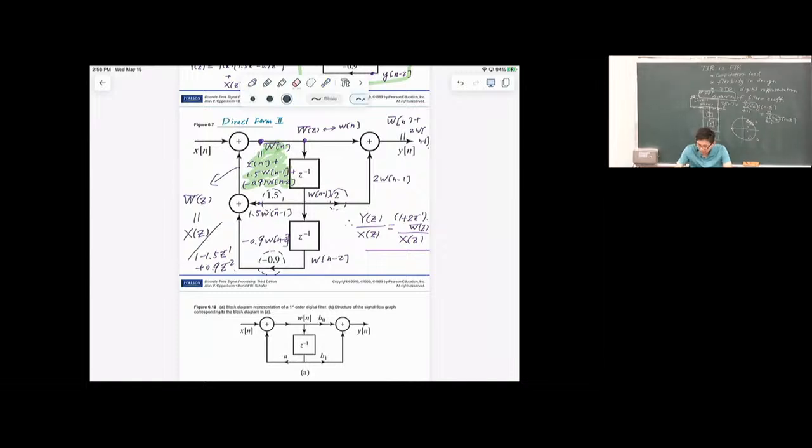You can organize everything in the final step and say that indeed Y divided by X is equal to 1 plus 2z inverse divided by 1 minus 1.5 z inverse, 1 delay, plus 0.9 z to the minus 2, 2 samples of delay. I'm running out of space, but you know what I mean.